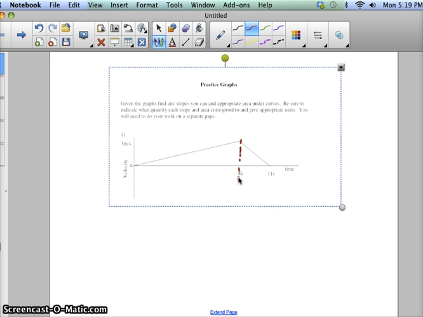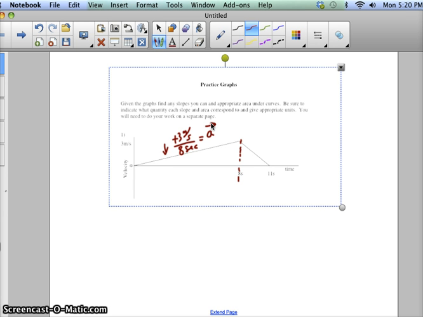and I'm going to say this slope there, since this is a velocity graph, this slope's going to be our acceleration, and looks like it's going to be positive 3 meters per second divided by 8 seconds. So that's going to be our acceleration. It's a positive acceleration.